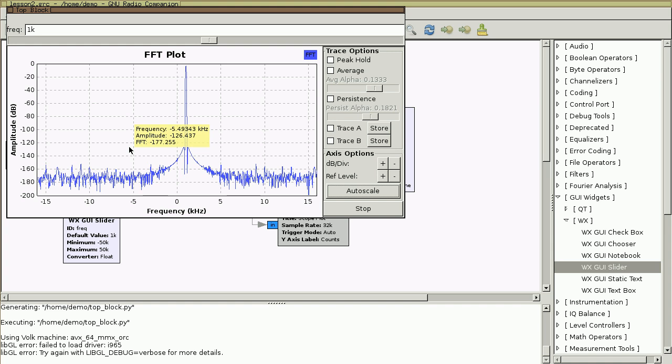Now, think for a moment: if this were a real-world RF analog system, we would have some noise floor to deal with, and it probably would be much, much higher than negative 170 dB in comparison to our signal of interest. So in the digital domain, we still have to deal with noise inherently from the quantization of every value that we're dealing with. But we get some control over that noise.